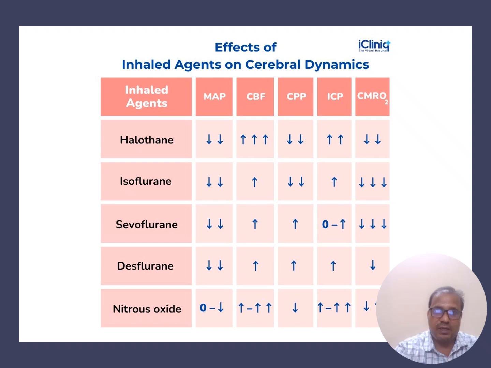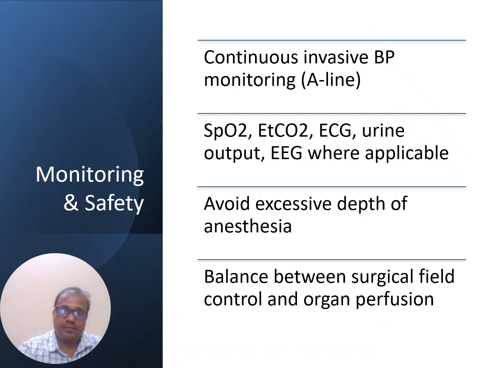In case of inhalational agents, we see that sevoflurane decreases the mean arterial pressure markedly, and the intracranial pressure may increase or remain normal. That's why sevoflurane is the first choice among volatile anesthetic agents to achieve hypotensive anesthesia, and then isoflurane and halothane.